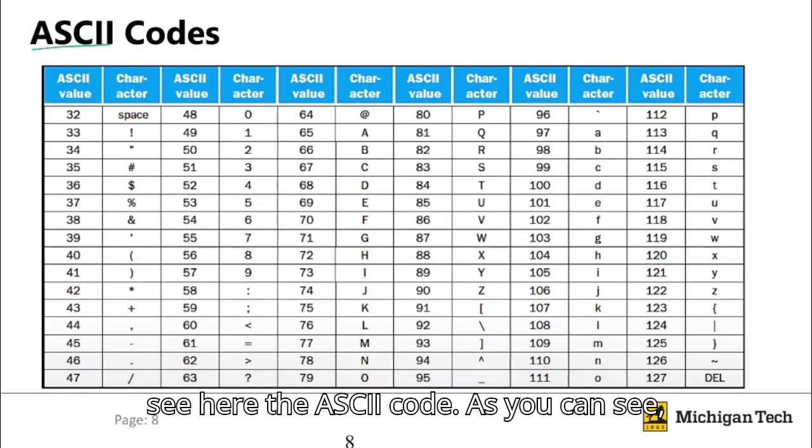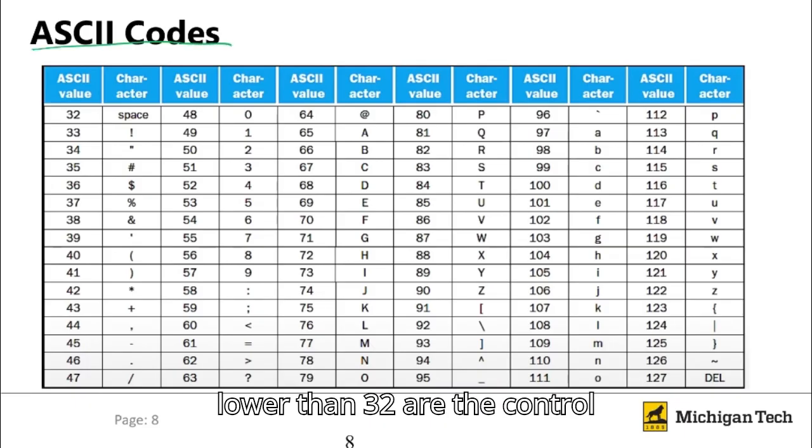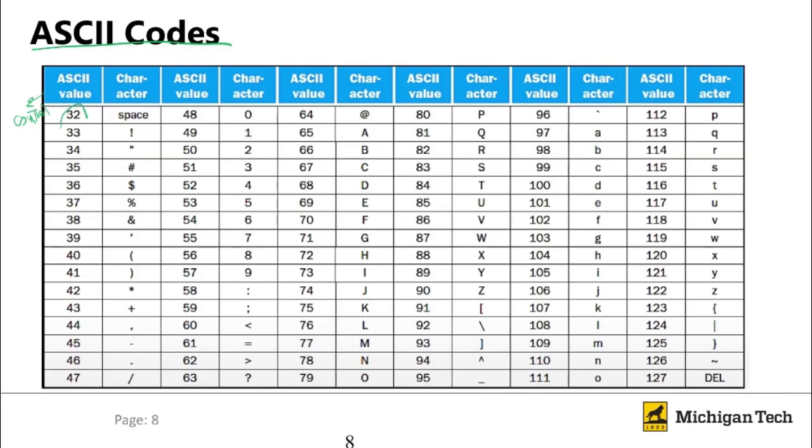You can see here the ASCII code. As you can see, values lower than 32 are the control characters. They are not printable. Between 48 and 57 are the numbers.